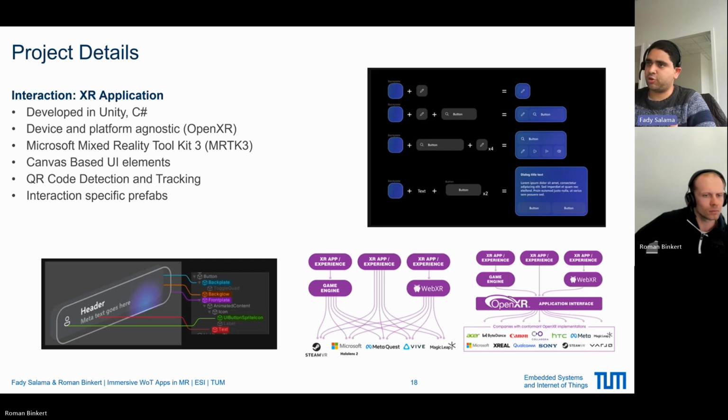So that was the first part, which is the communication. And the second part is, of course, the actual UI and the actual interaction: the XR application that we built in Unity and C#. We built it on top of the MRTK toolkit, Microsoft's Mixed Reality Toolkit, which pleasantly is also built, in its third iteration, on top of OpenXR, making it possible to use the application that we built in any mixed reality headset.